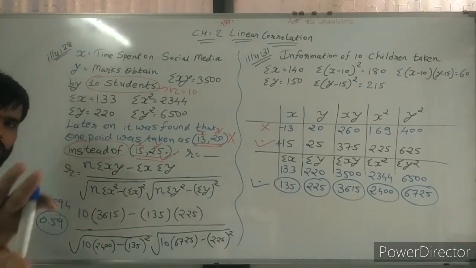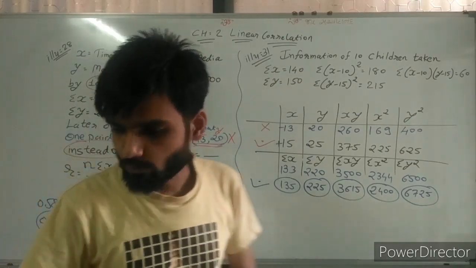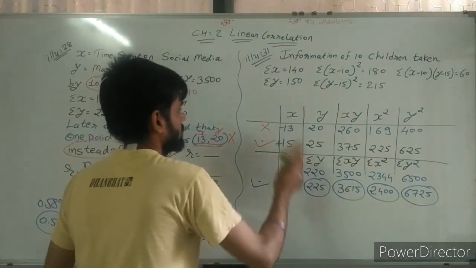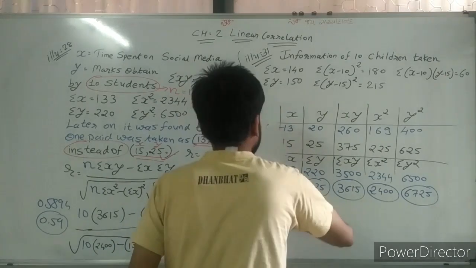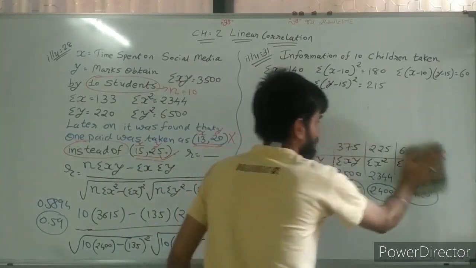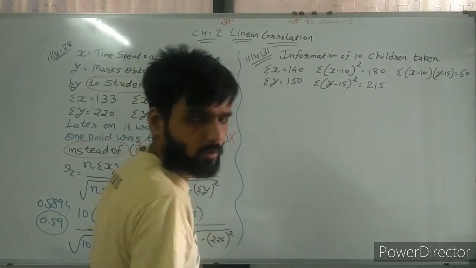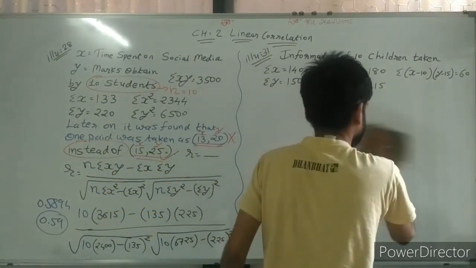Now that calculation you can do yourself. That I am not showing to you. Now we are doing the next question. This calculation is the most important one, whatever we have done.